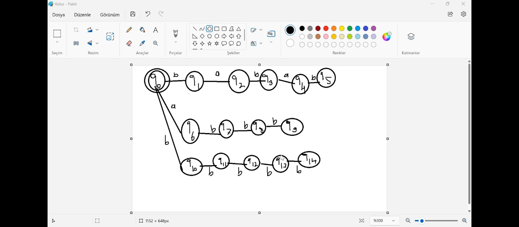Our NFA should accept any string that contains at least one of BABAB or ABBB or BBBBB. At least, it contains at least one.